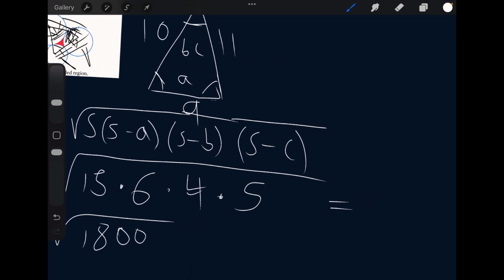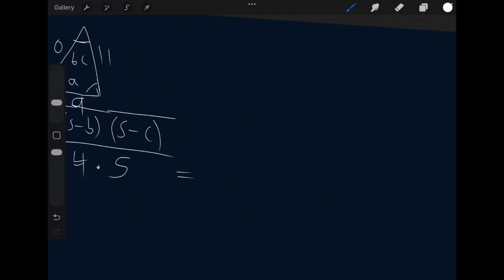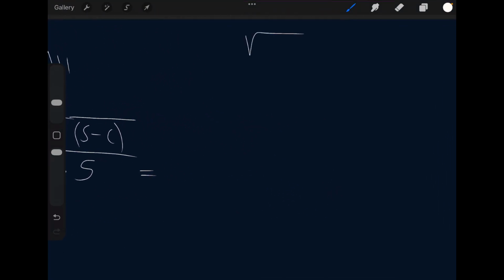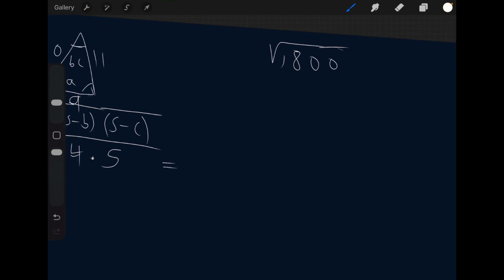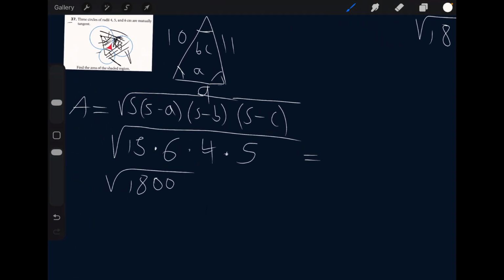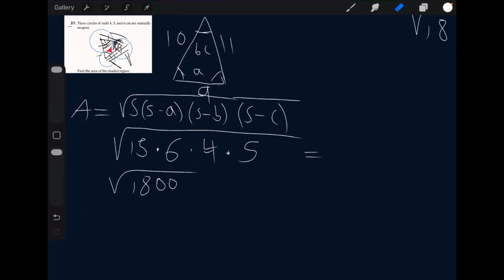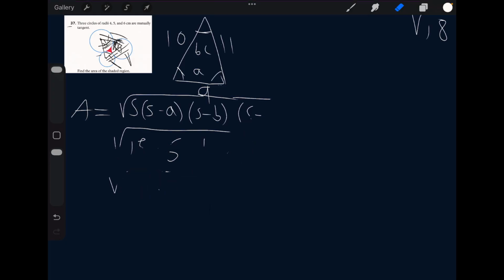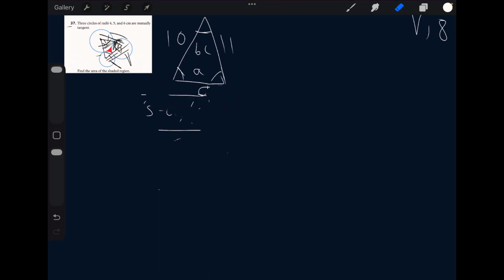So let's put that right here on the side, square root of 1800, and then we can just clean this up right here to get some more space. So we'll take this away, and we'll continue working on the problem.